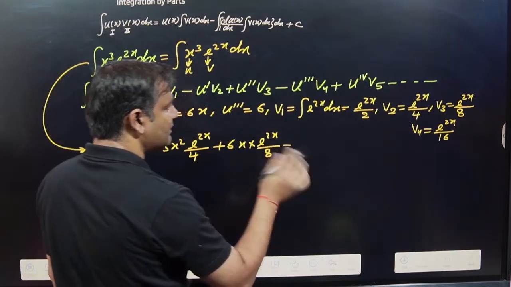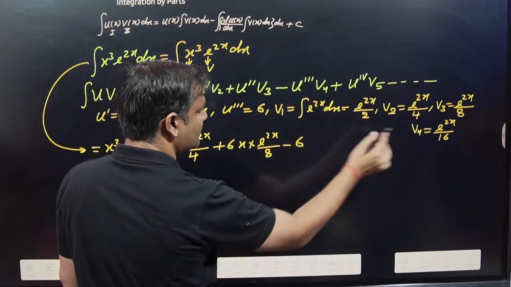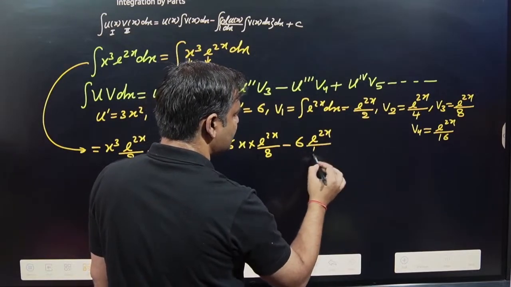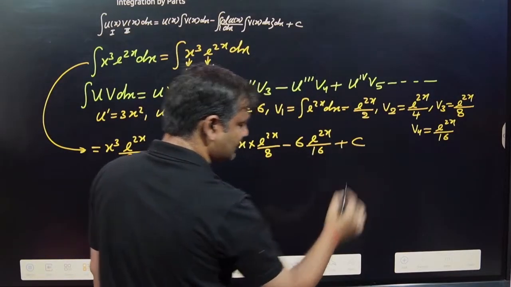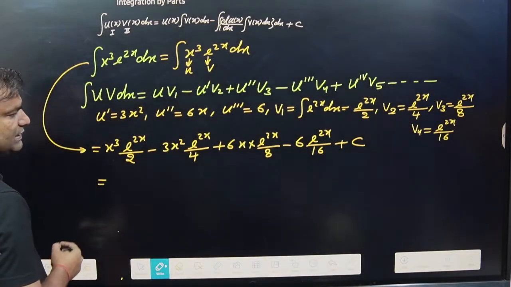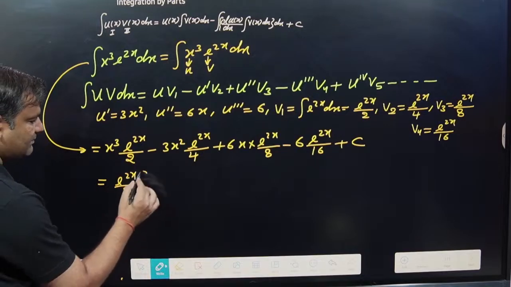Minus u triple prime means 6, into v4 means e to power 2x divided by 16, and after that write c here. Clear or not? So e to power 2x divided by 2 is common.